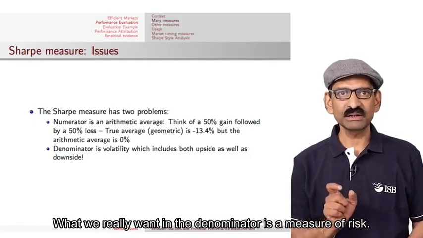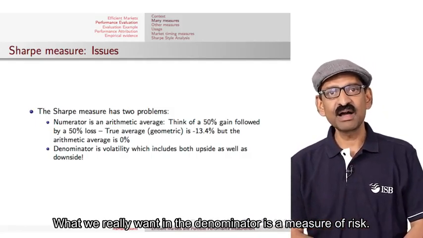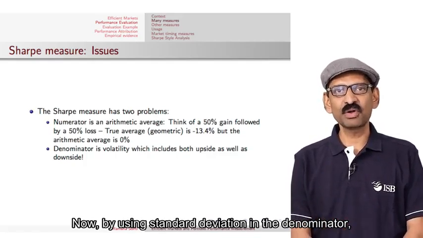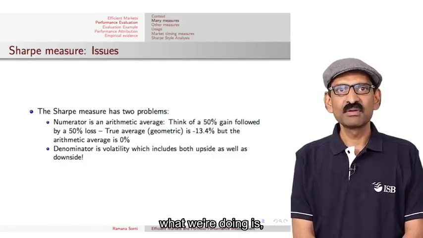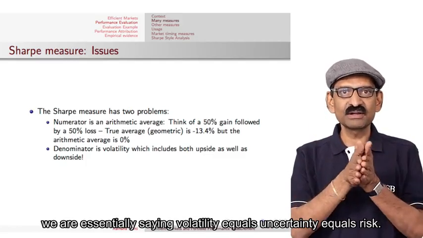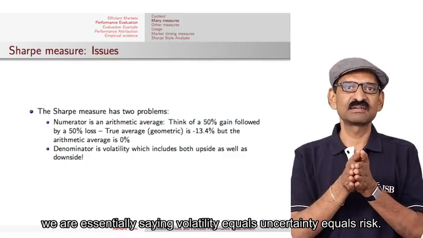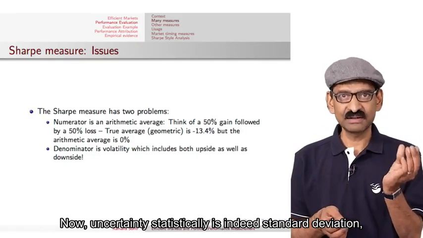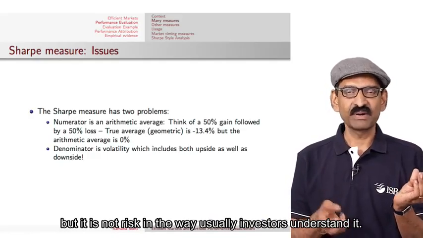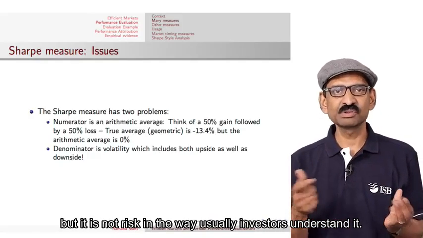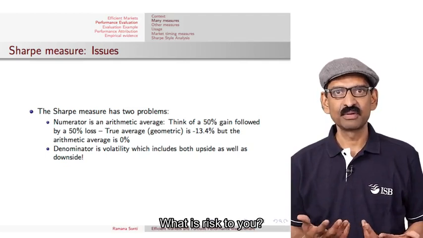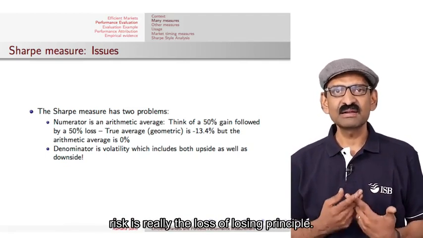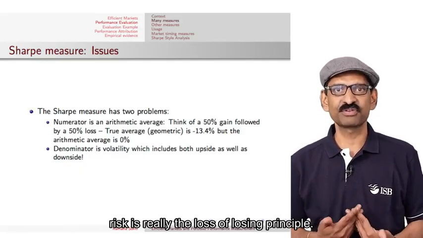What we really want in the denominator is a measure of risk. Now, by using standard deviation in the denominator, we are essentially saying volatility equals uncertainty equals risk. Now, uncertainty statistically is indeed standard deviation, but it is not risk in the way usually investors understand it. What is risk to you? If you think for a moment, what you will find is risk is really the possibility of losing principal.